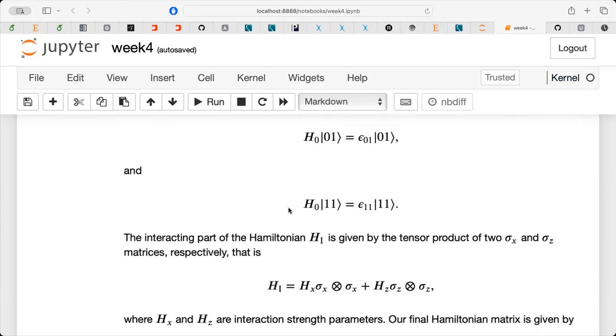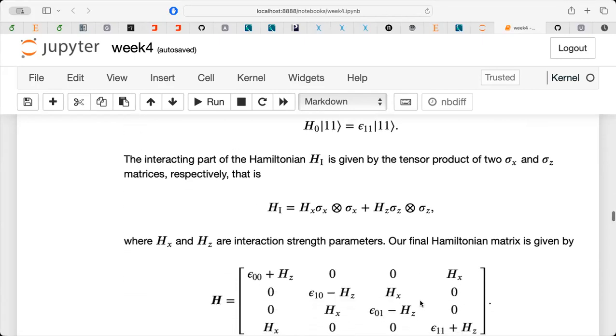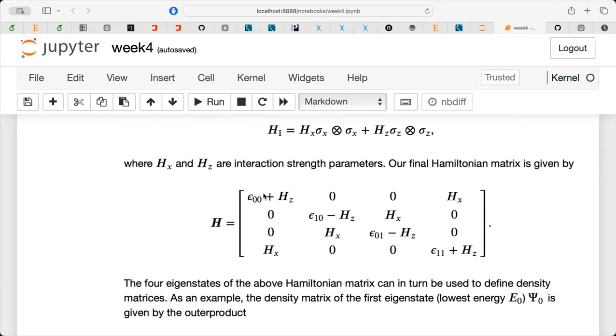So what we then did was to add an interaction piece, which gives me some non-diagonal elements because we have a tensor product of two Pauli X matrices. And then we have diagonal elements, which are given by the tensor product of two Pauli Z matrices. And if I do that, we end up with a Hamiltonian which looks like this.